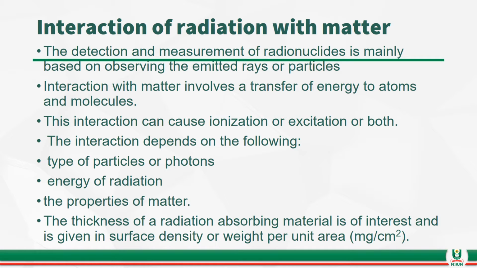The interaction depends on the type of particles or photons involved, the energy of radiation, and the properties of matter. The thickness of radiation absorbing materials is of utmost interest and is given in surface density or weight per unit area.